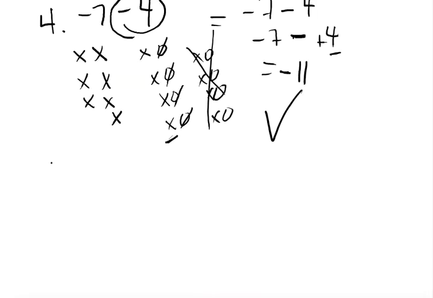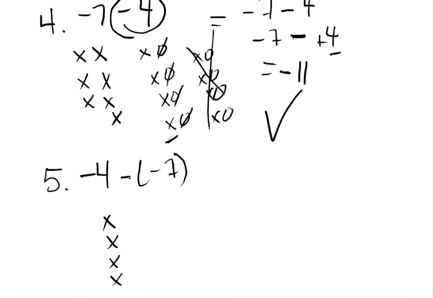And number 5 is -4 take away a -7. So we start with our -4. I'm taking away, so I have to remove some. I have to take away -7.